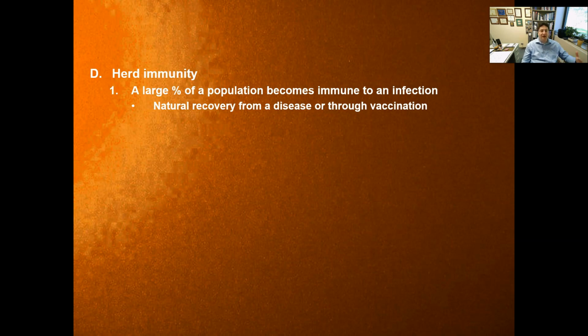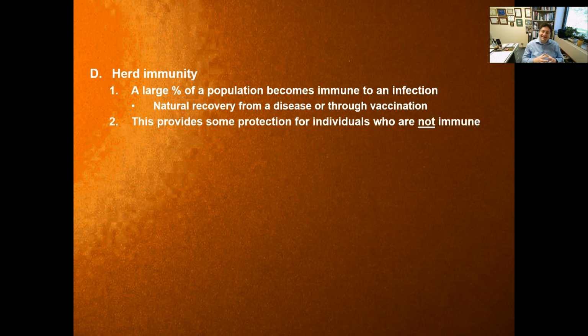Either way, a large percentage of the population becomes immune to infection. When this happens, it provides protection for individuals who are not immune. Say those who are immunocompromised, or organ transplant patients on immunosuppressive drugs, or young children or newborns, or someone else who just may be genetically predisposed to some kind of infection.